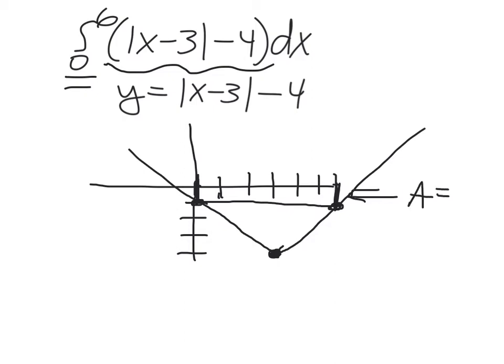Okay, as length times width, length of 6, width of 1, we have an area of 6. And then the area of this triangle, 1/2 base, which is 6, times the height. What's the height of this triangle?